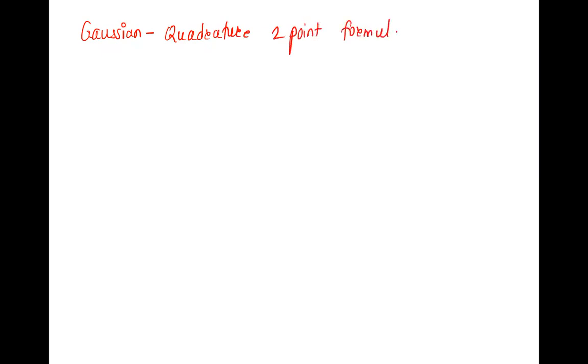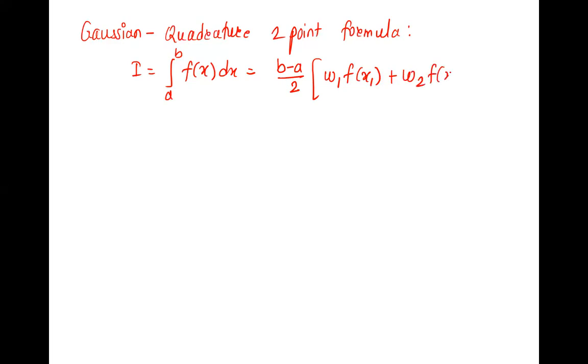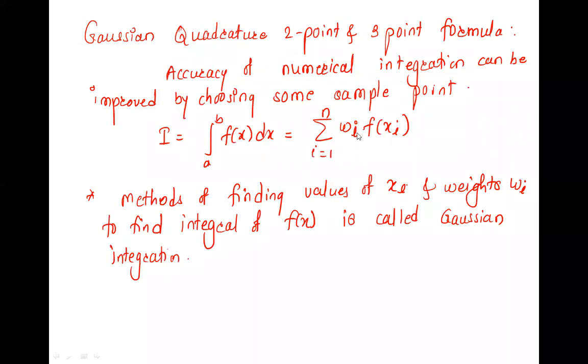2-point formula. So it is defined as whatever is the integration a to b f of x dx, it is (b minus a)/2 into w1 f of x1 plus w2 f of x2. As it is 2 points, there are 2 points only in this wi, i is from 1 to 2, n is 2.